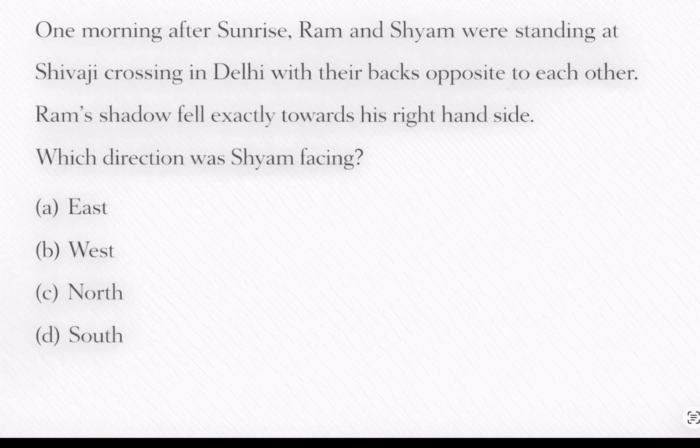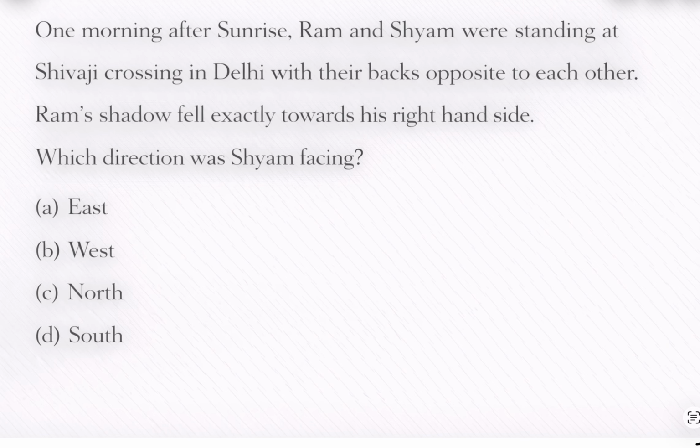Next question we have is of sunrise. We know that the sun rises in the east and sets in the west. So before noon the shadow will fall towards the west. If the sun is here, the shadow will fall on the west side.